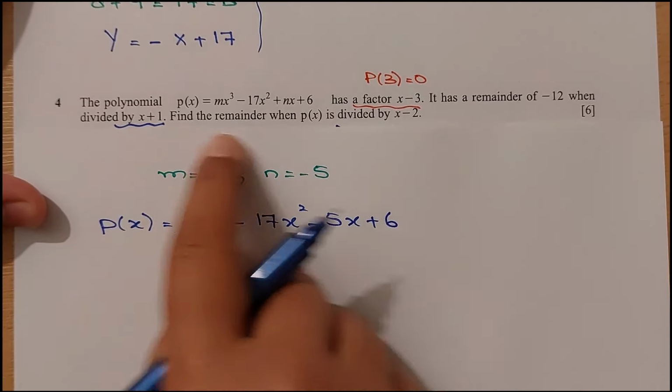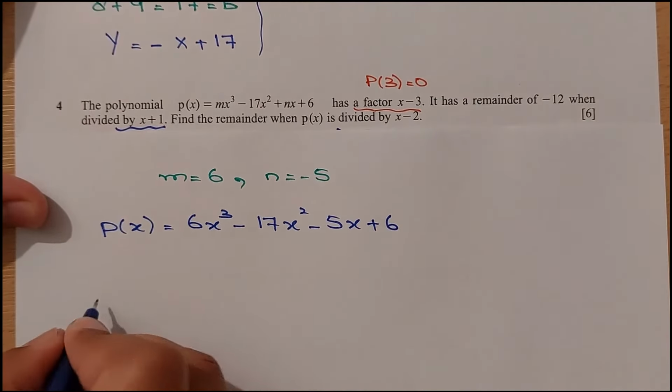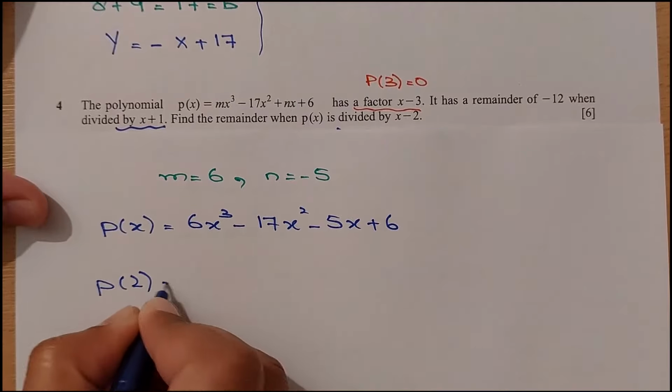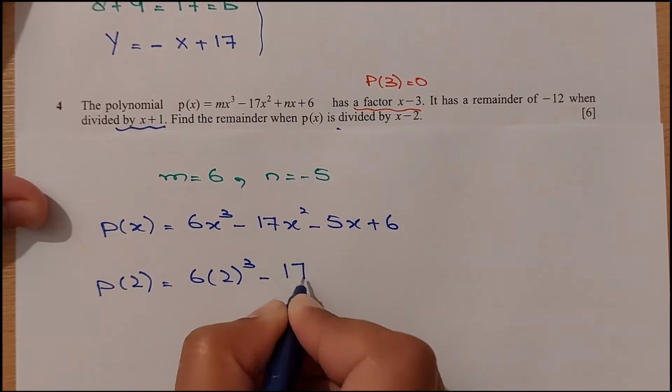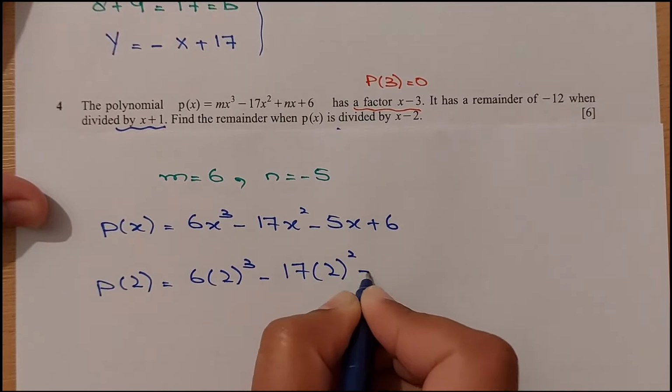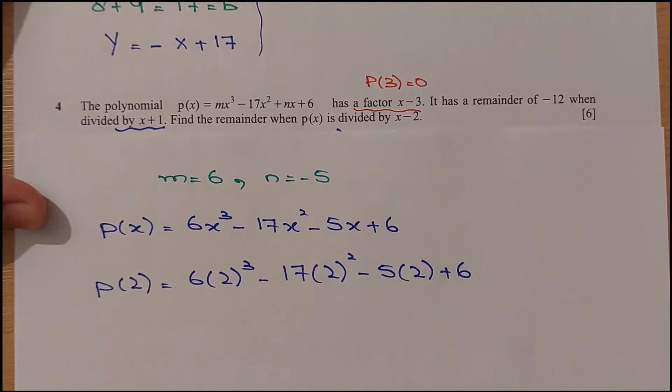We need to find the remainder when p of x is divided by x minus 2, so that is x equals 2. So we need to find p of 2. 6 times 2 cube minus 17 times 2 square minus 5 times 2 plus 6. Let me simplify.